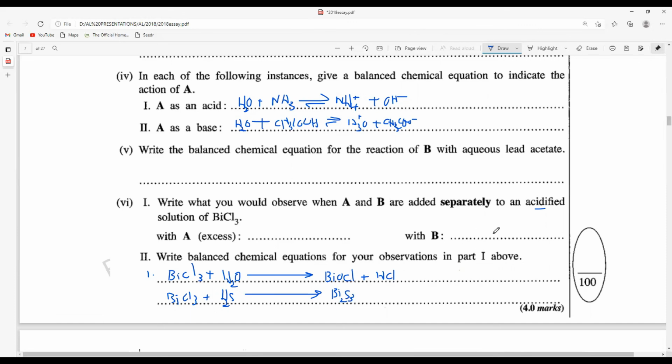So you will write here, a black color precipitation is observed, right? So again, HCl is given out. But don't forget, you have to again balance the equation. So it will be very easy balancing here. So don't worry about that much. So you can do that.